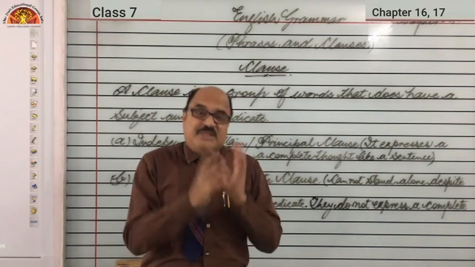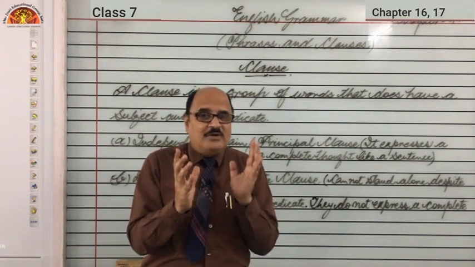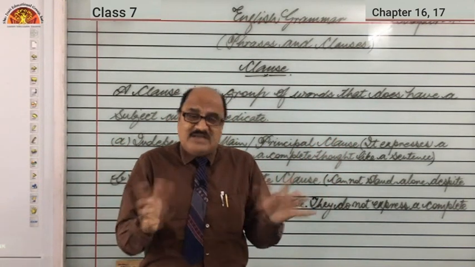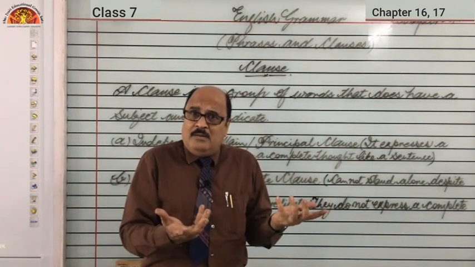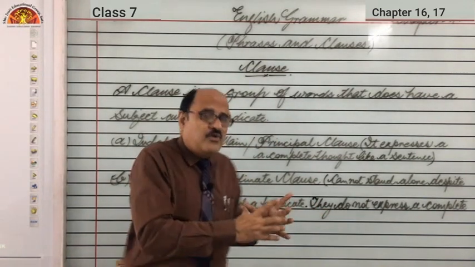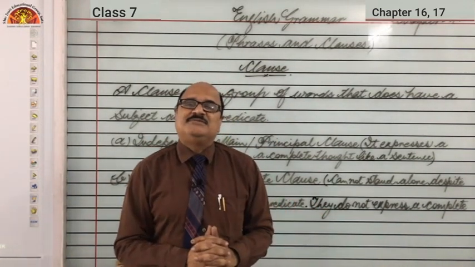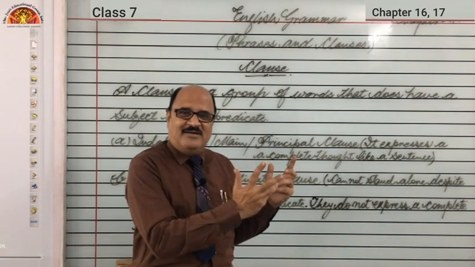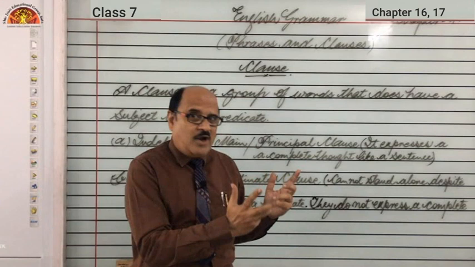So we can say this group of words, Rohan likes English, is also a sentence, right? Because it is also independent. So this meaningful group of words is also a sentence. But the story doesn't come to an end here. Something more. What?